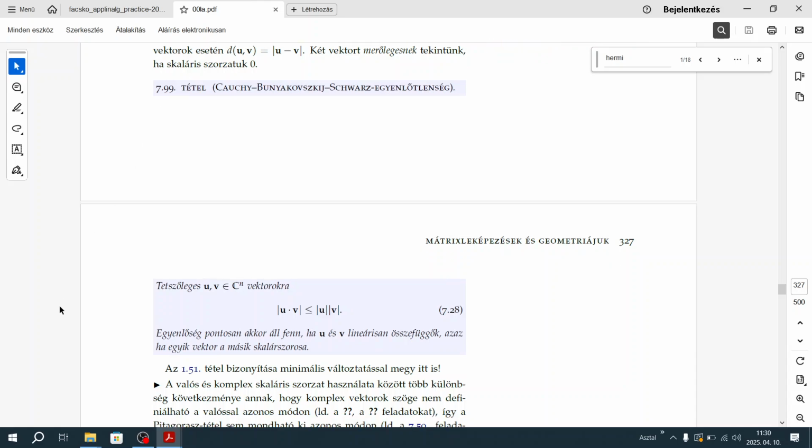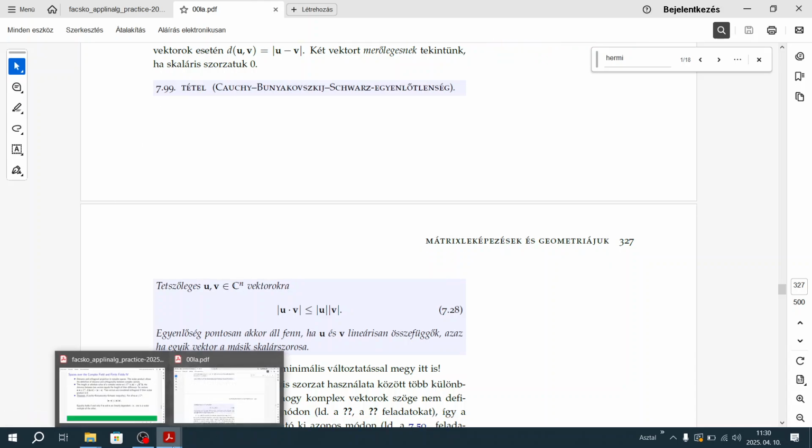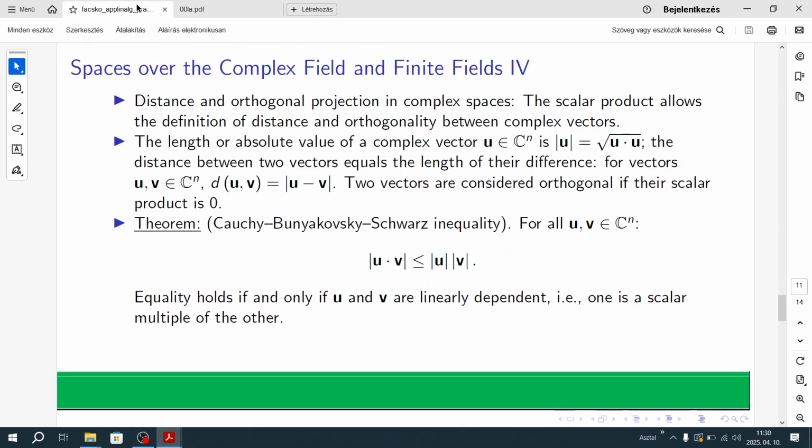No, it's not. If you take two complex vectors and their complex scalar multiplication, it has less or equal magnitude than the product of the lengths of the u and v vectors.